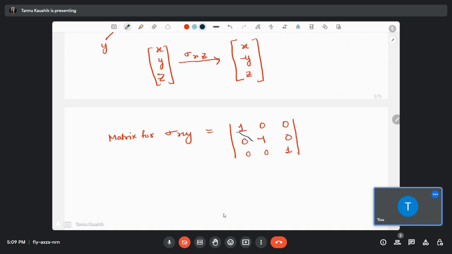So what will be the character for this matrix? Again, we will sum up the matrix elements along the diagonal. So the character of this matrix will be 1. Okay.